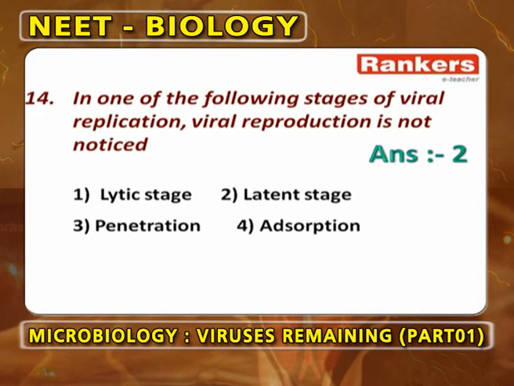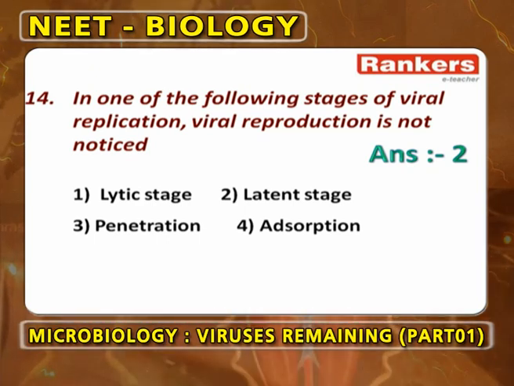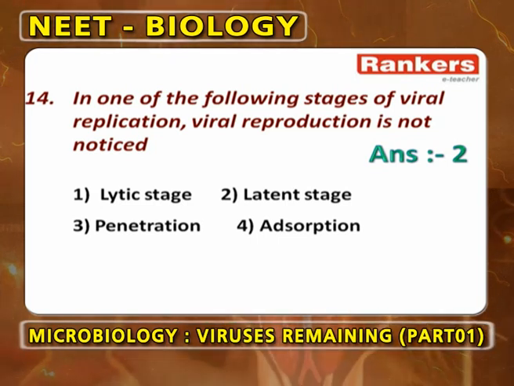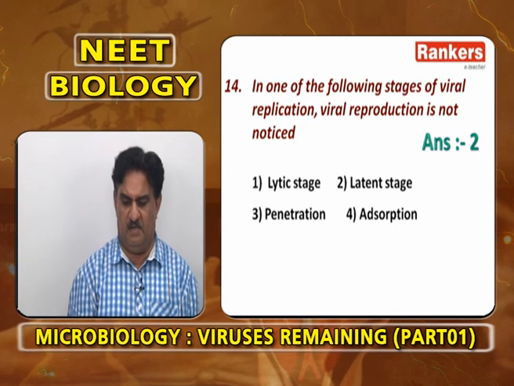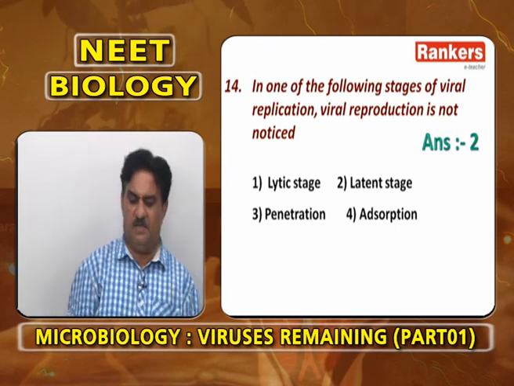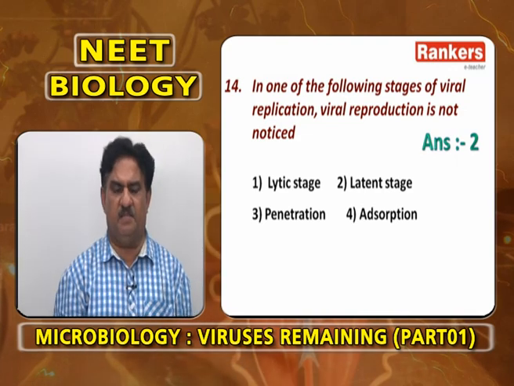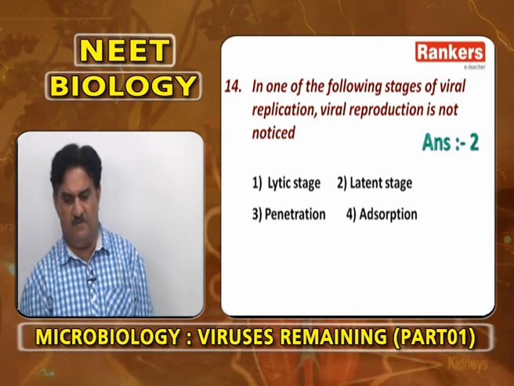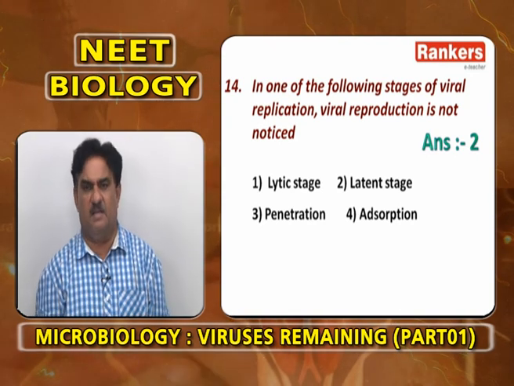Whenever viral DNA enters, the bacterial DNA disintegrates, and the total activity of the cell comes under the control of the viral DNA. Now the viral DNA starts dividing and ultimately produces new viruses. But before that, in the latent stage, there is the eclipse stage, where you do not find anything in the bacterial cell.